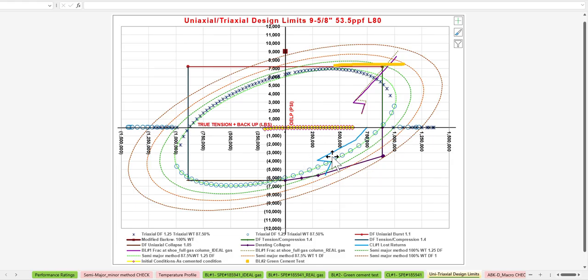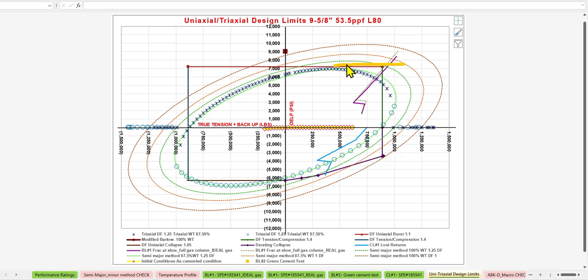So you could calculate another load case, and then show that with respect to your ellipses. However, in my opinion, that 87.5% needs to be applied in the triaxial case, because it is there for a purpose. It accounts for the wall thickness tolerance, and a design factor of 1.25 needs to be applied.